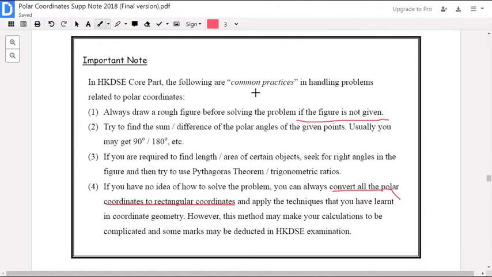Then certainly you can solve the problem, but the disadvantage of this technique is that your calculation will be complicated and some marks will be deducted in the DSE exam because of not giving exact values by using your calculator.